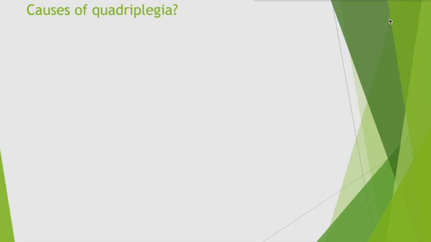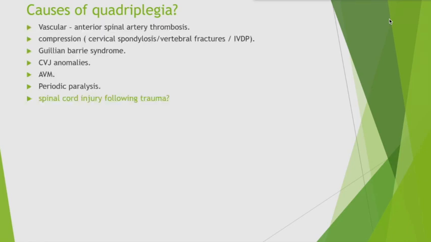Then there can be craniovertebral anomalies, then cervical spondylosis. Then the patient can have it in case of multiple sclerosis. We may be discussing under different headings like acute quadriplegia, insidious subacute onset, chronic or relapsing variety. So there may be different causes.